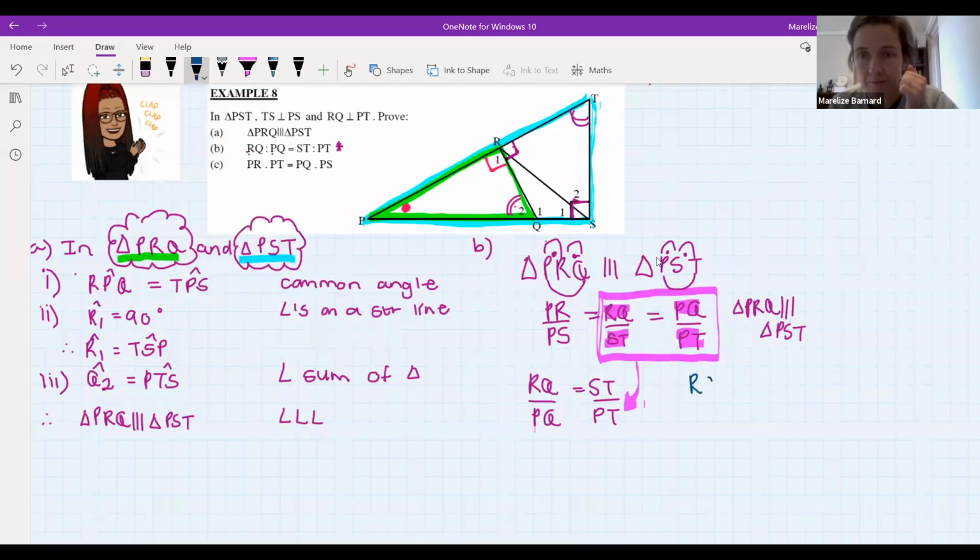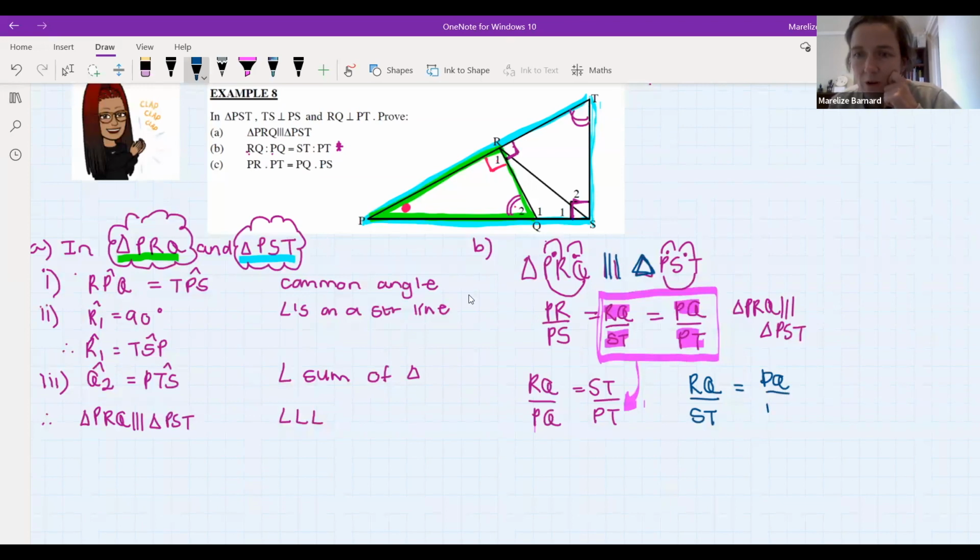Can I ask what to call the triangle next to PRS? This triangle, yes, it's triangle PST. And this is for similarity. Thank you, ma'am.